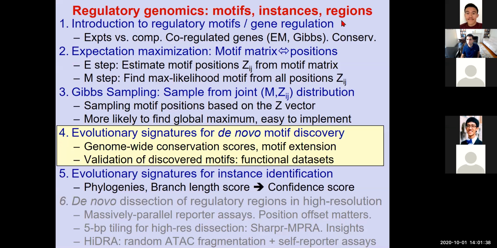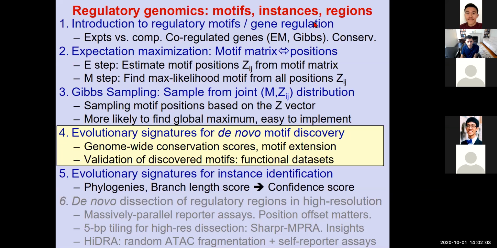All right, so what we talked about is this co-regulated gene-based motif discovery, where you can use either expectation maximization or Gibbs sampling as a way to iteratively estimate the motif from the starting positions and the starting positions from the motif using this generative framework. So who's with me so far?